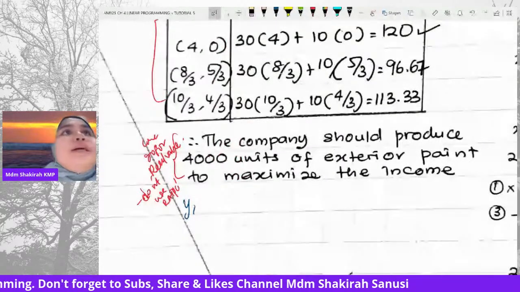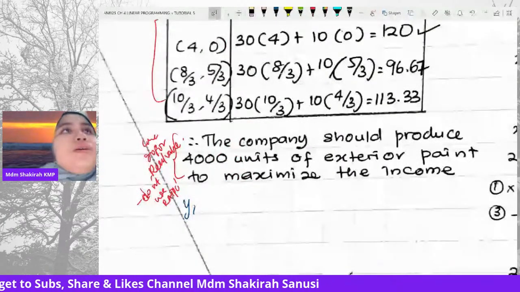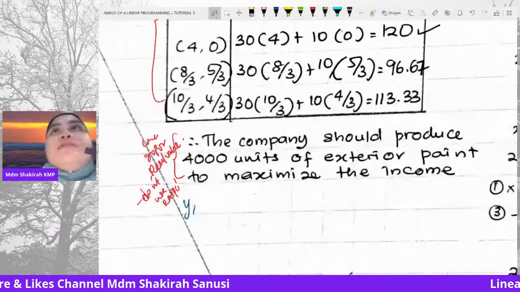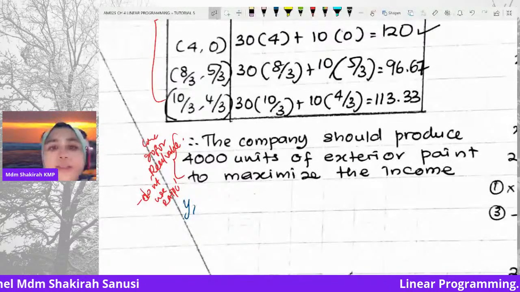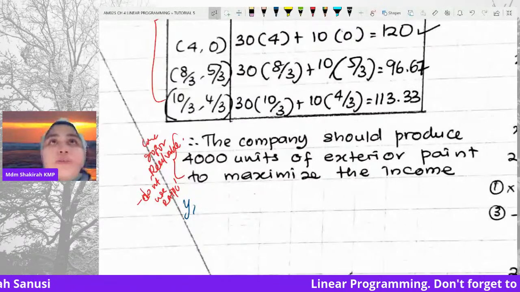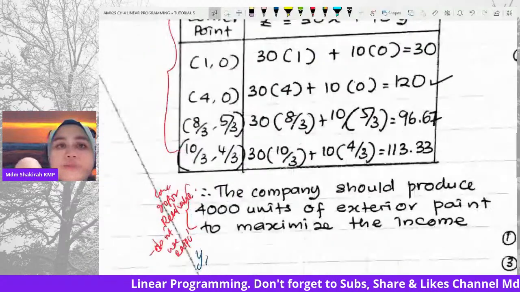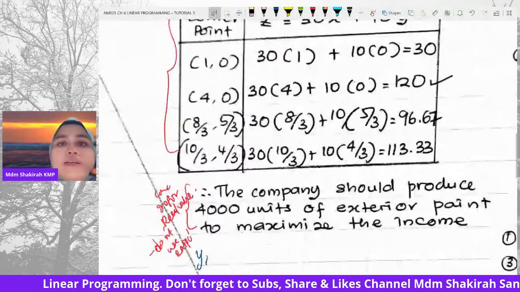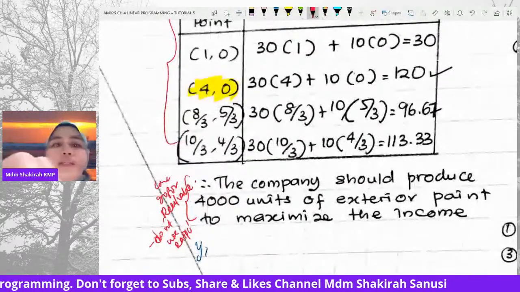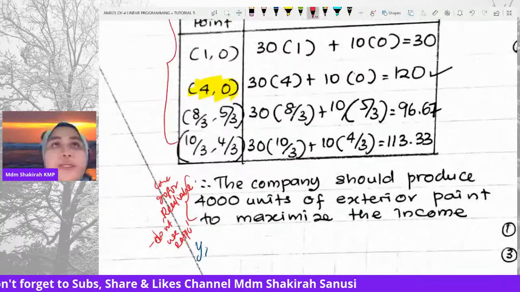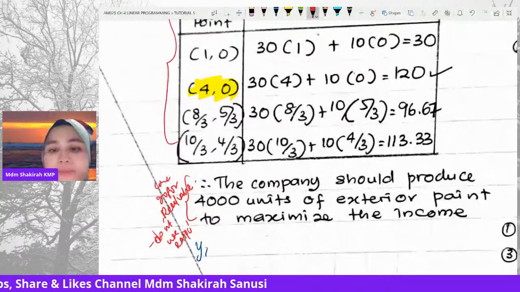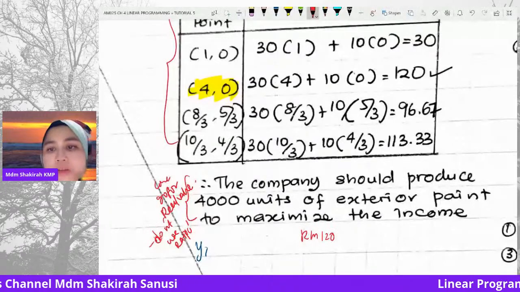So, dia adalah okay. The company should produce 4,000 units of exterior paint. Okay. Sebab apa kat sini dia ada nilai untuk X saja. Dia tak ada nilai untuk Y. To maximize the income RM 1 to 0 is in ratio.